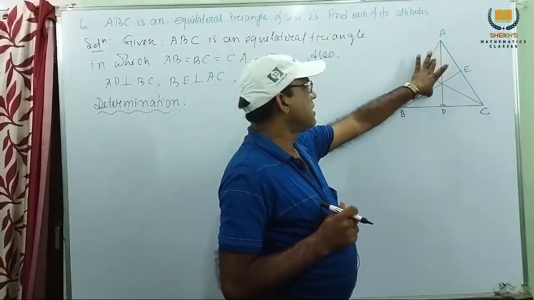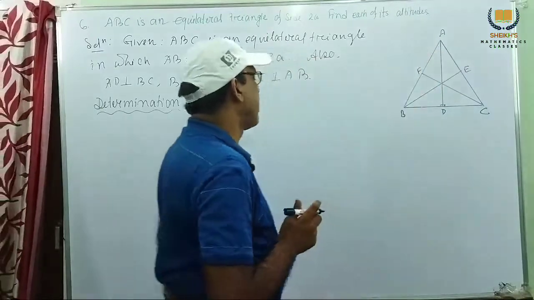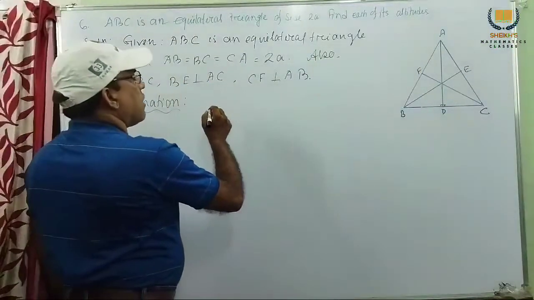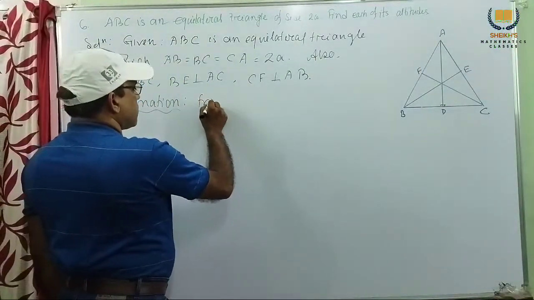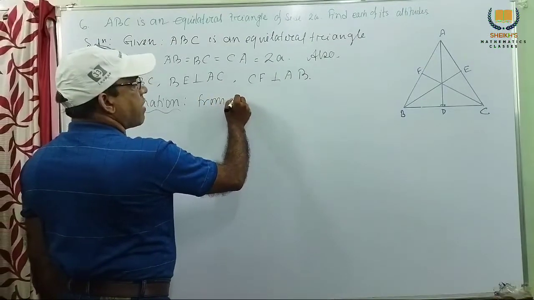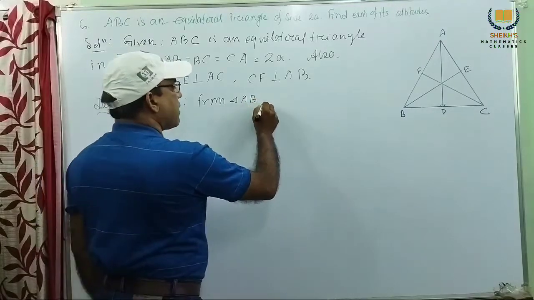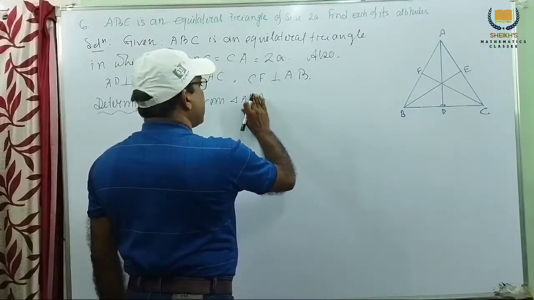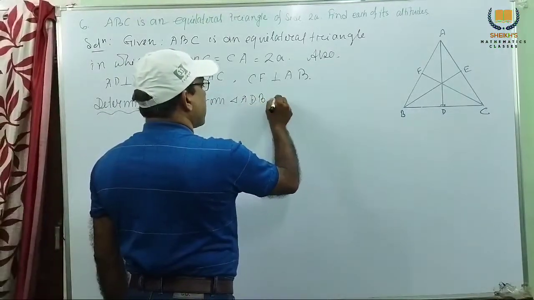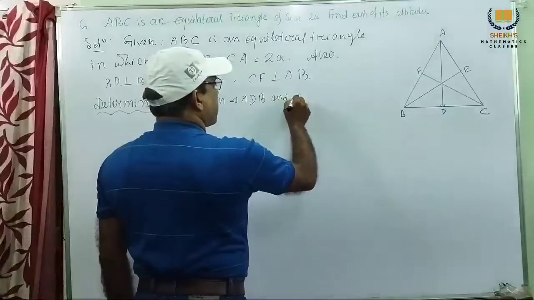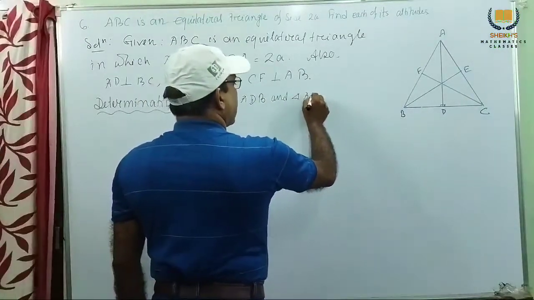We consider these two right triangles. From triangle ADB and triangle ADC.